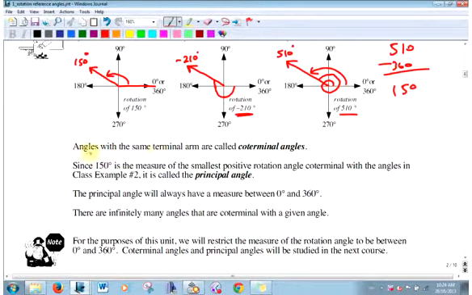All angles with the same terminal arm are called coterminal. I just gave you an example. 510 is coterminal with 150 because they're in the same standard position. They're right on top of each other.